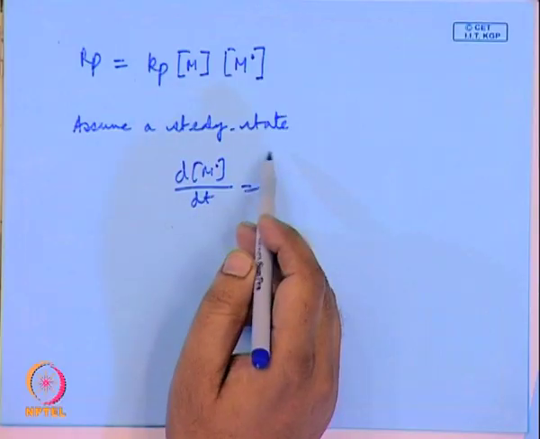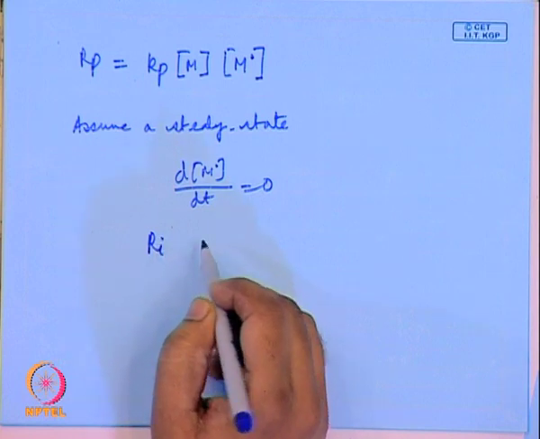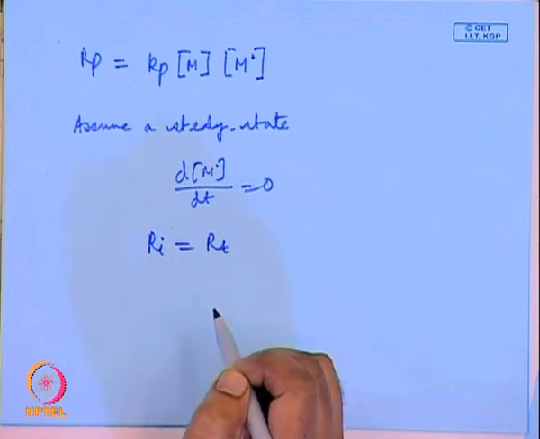As a result, the concentration of the total propagating radical species becomes constant during the entire polymerization reaction, and that is not very unusual, because when we do the kinetics of reactions with intermediates, we always assume steady state and do the kinetics that way. So, in a steady state, the rate of initiation equals the rate of termination.